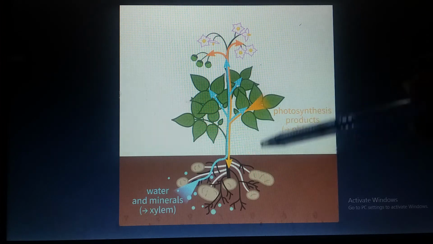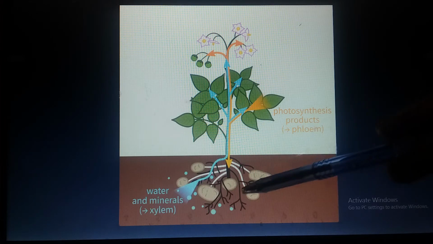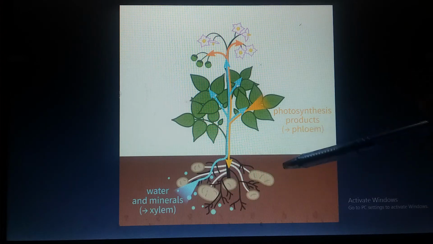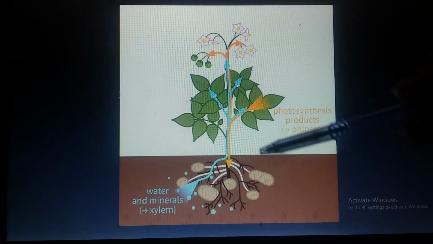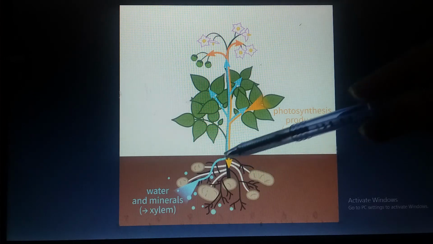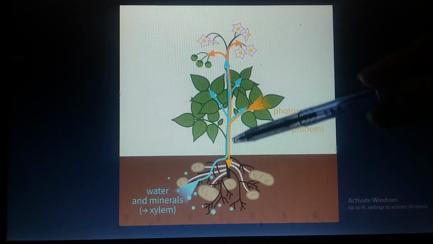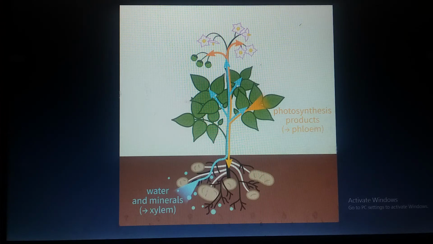So water, nutrients, and minerals absorbed from the soil through the roots reach all parts of the plant body through the xylem. And as we know, the food is synthesized in the leaves, so food is transported to all parts of the plant body through the phloem. So this is the basic concept about the xylem and phloem.